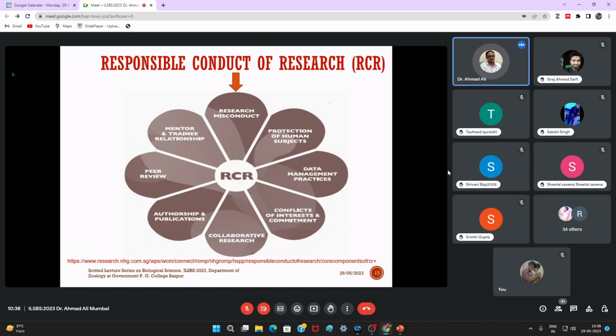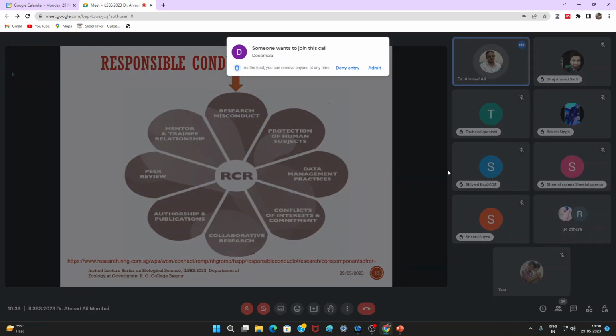This is a term very often used in many research organizations, called RCR, Responsible Conduct of Research. So what is that? The various aspects are that there has to be a very good relationship between the mentor and trainee. Protection of human subjects: if the study involves surveys or clinical data generation using human subjects, one has to take care of the identity and other aspects of that. Then data management practices, how you are generating data, and how you are handling conflict of interest and commitment.